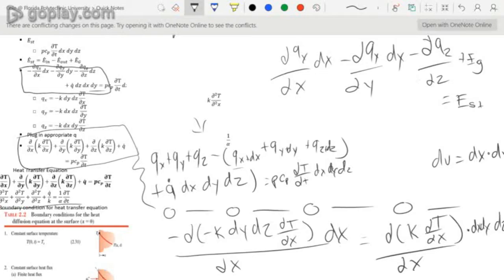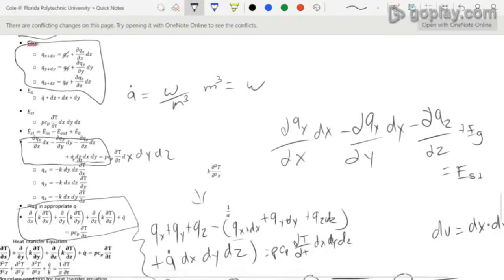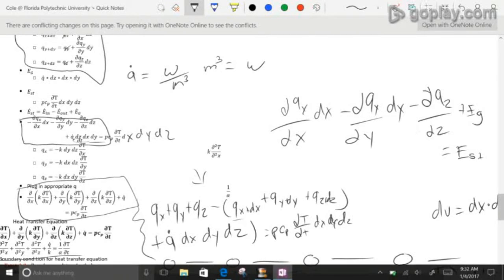And as you can see, the q dot has it right here, and I forgot to add it up there. So it's going to be q x dy dz. So they all have it. So you can just divide it out. So when you divide everything out, you'll get this equation right here.